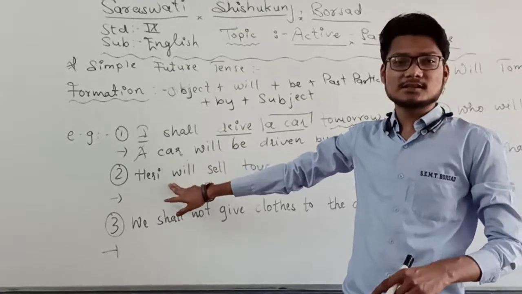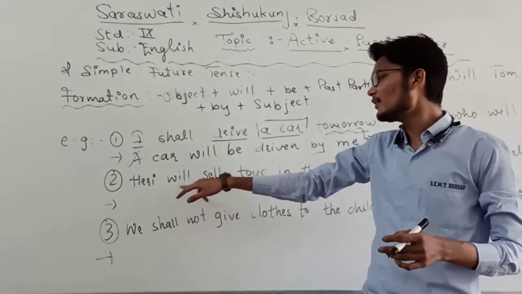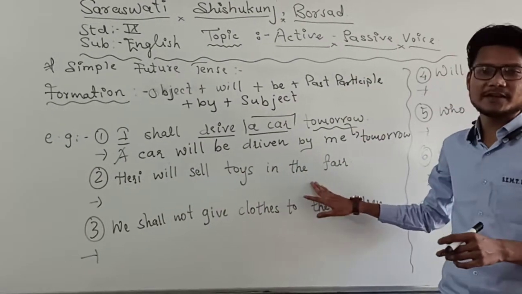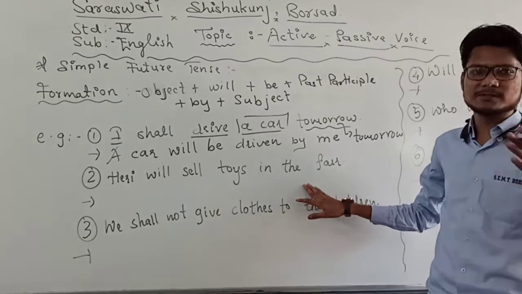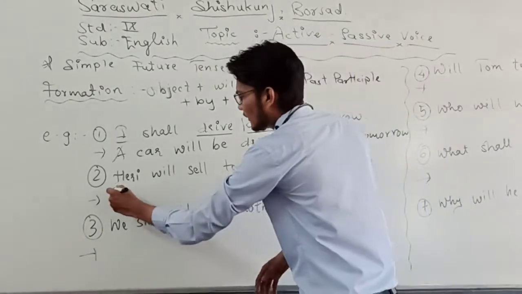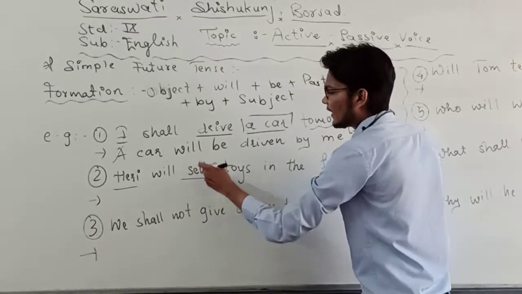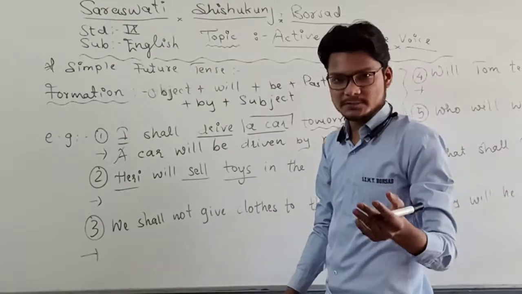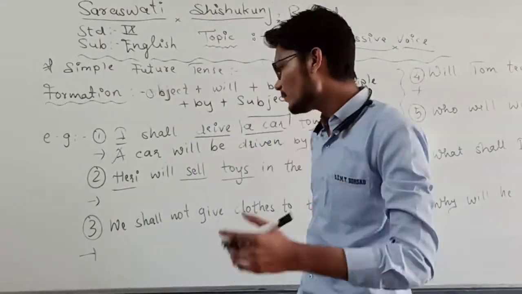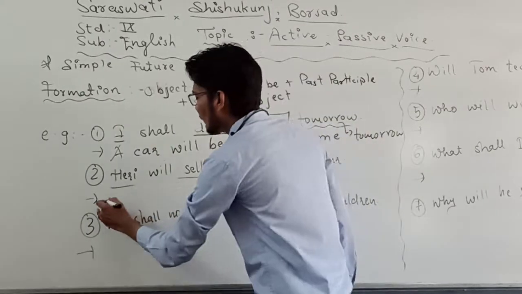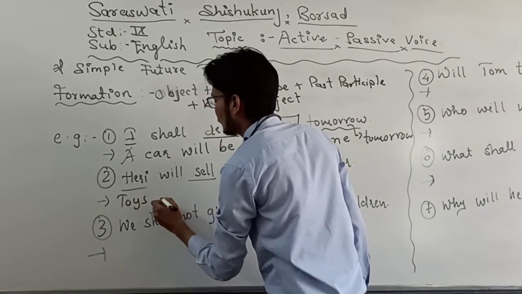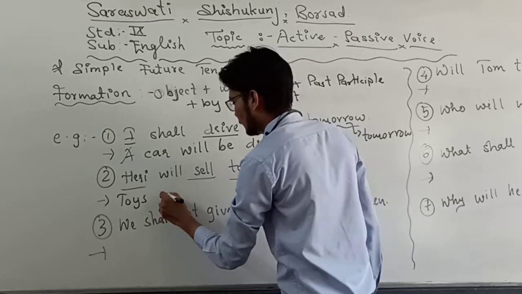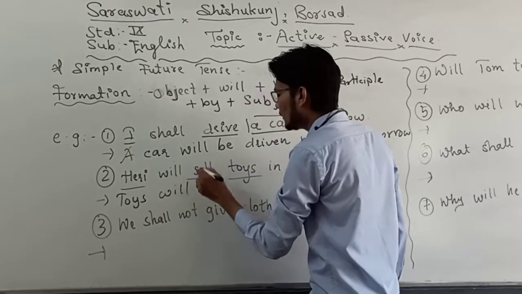Now let us discuss one more example. Harry will sell toys in the fair. First of all, let us find out the subject, verb and object. Subject is Harry, verb is to sell, and toys is your object. Now what to do? Very simple. Put the object in the very beginning, toys. Then will be. Toys will be.